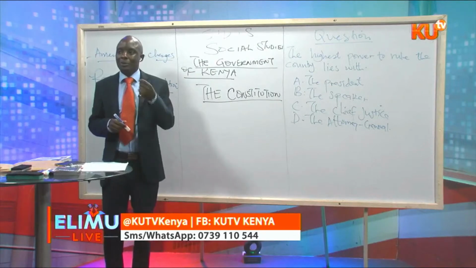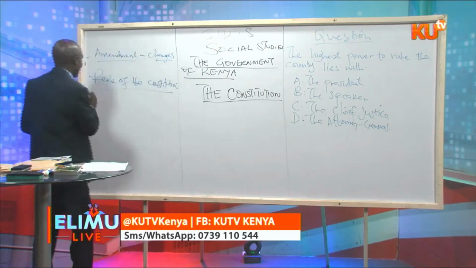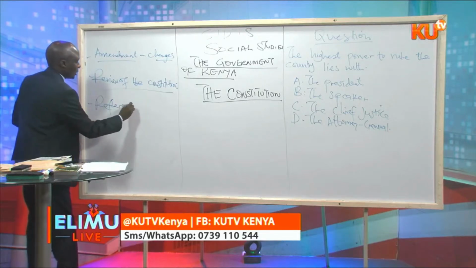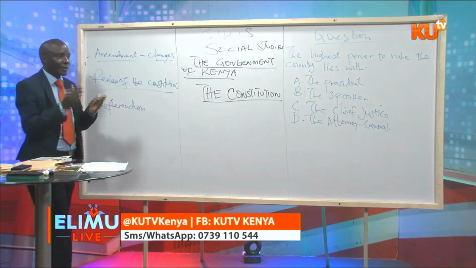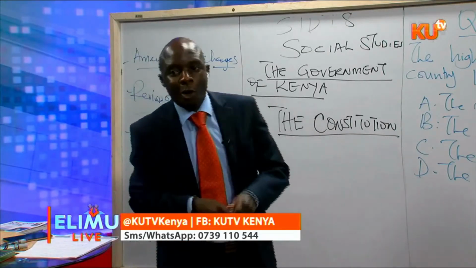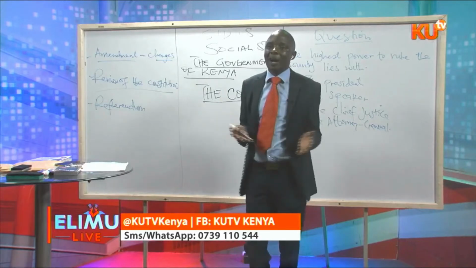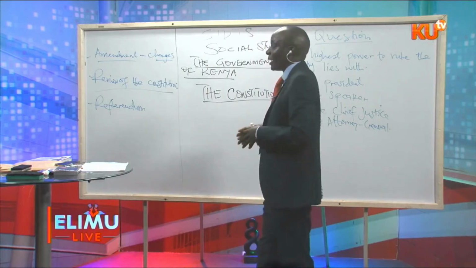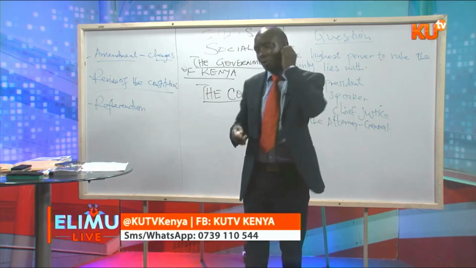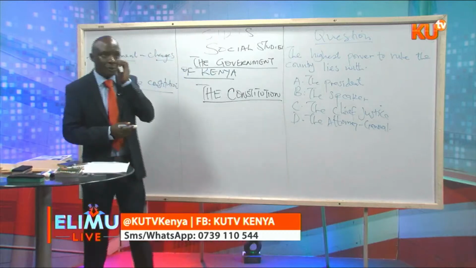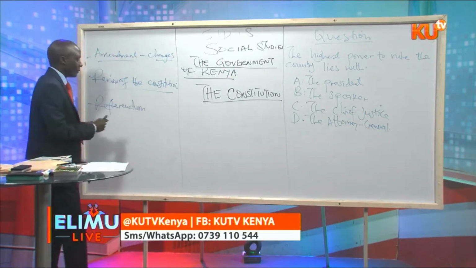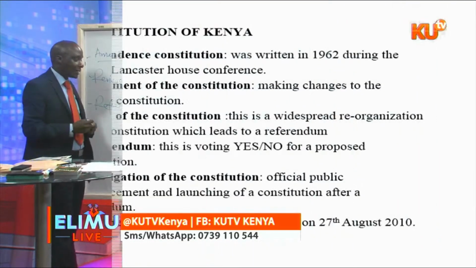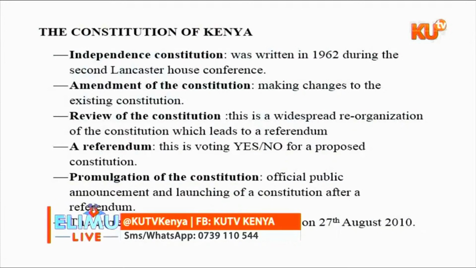After the review of the constitution, we go to vote over the proposed constitution which the people have put their input in. We vote yes or no. The yes or no vote is what we call a referendum, and that's a common question.